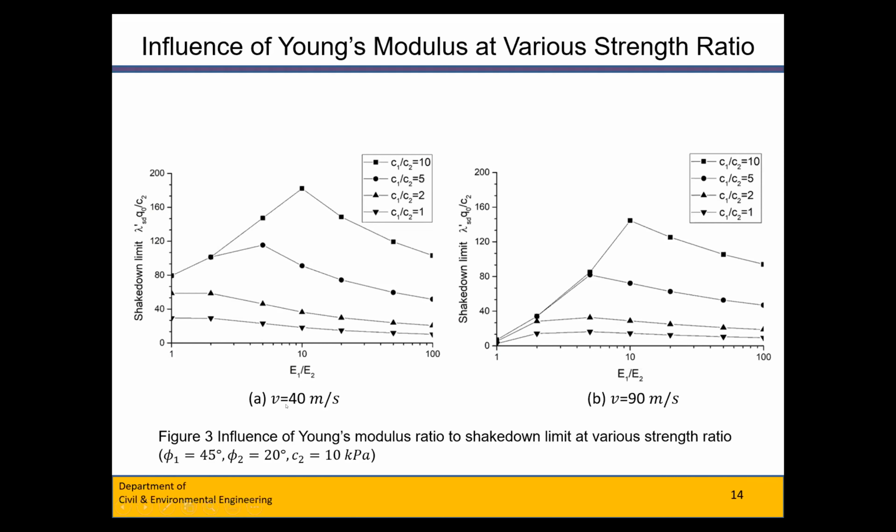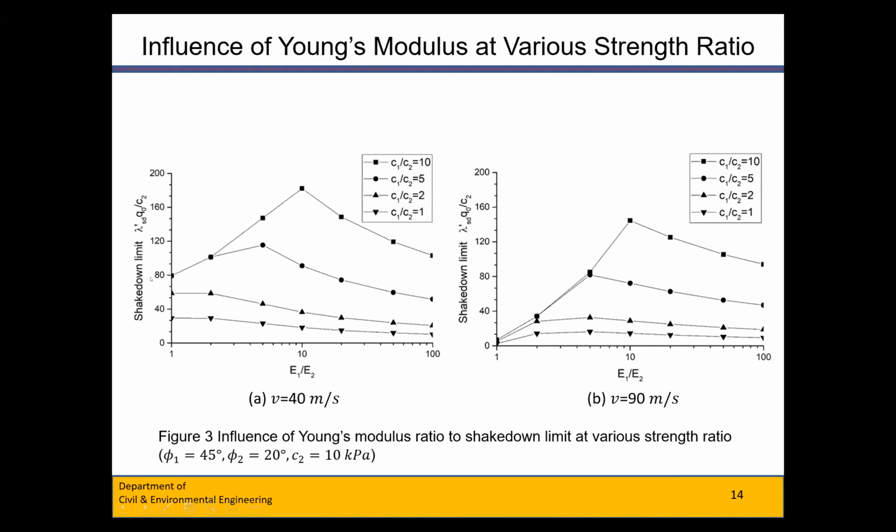When the moving speed is 40 meters per second, as shown in the left chart, we can see that the shakedown limit decreases with the rising of the Young's modulus ratio at a relatively low cohesion ratio, just like C1 over C2 equals 1 or 2 shown here.